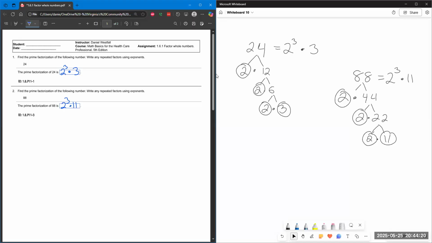So let's talk about prime numbers from 1 to 100. I'll just go ahead and give you a way to find them here. So 1, 2, 3, 4, 5, 6, 7, 8, 9, 10, and I'm going to make a chart here.